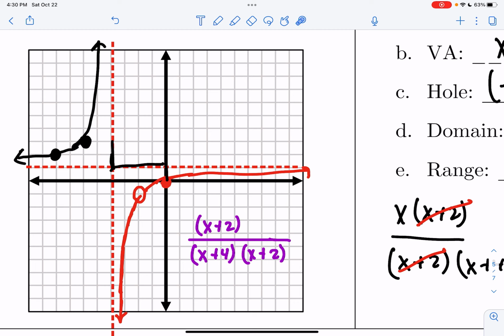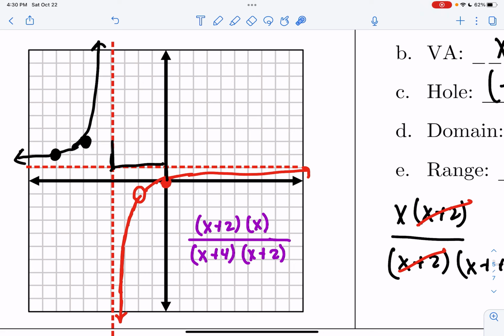My x-intercept is at (0, 0), and remember, to find the x-intercept, you want to set the numerator equal to 0. So if x plus 2 was canceled out, the only thing that's left should be an x, because that x represents your x and y intercept. Well, your x-intercept in this case, since it's in the numerator.